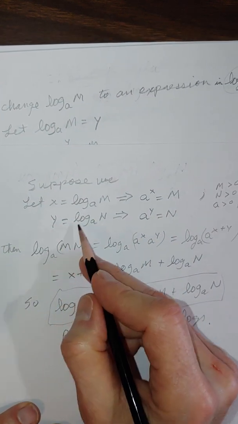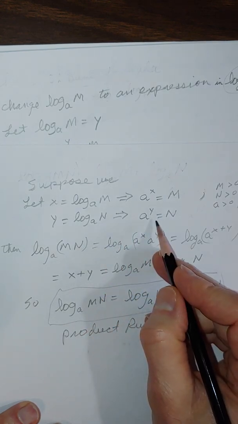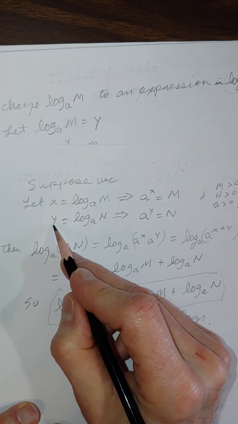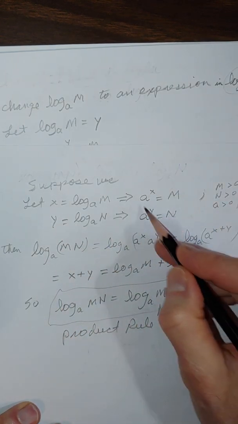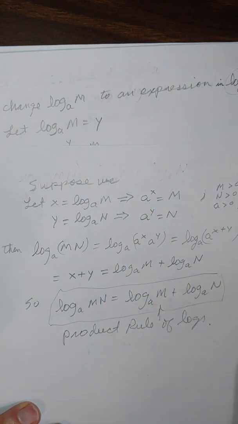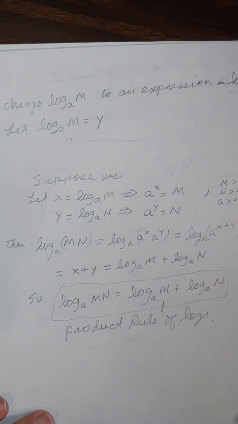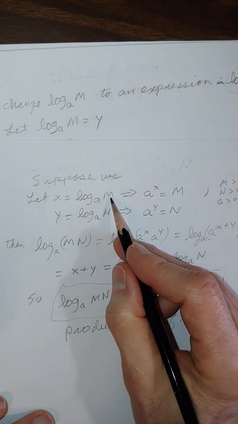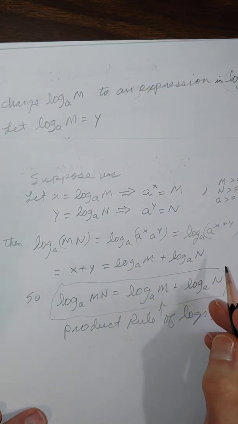And let y equal log base a of n. Now, the equivalent exponential form, a to the y equals n. And again, m, n, a are all positive, and a can't be 1, based on the restrictions we talked about before. And you can't take a log of a negative or 0. That's why m and n have to be greater than 0 also.